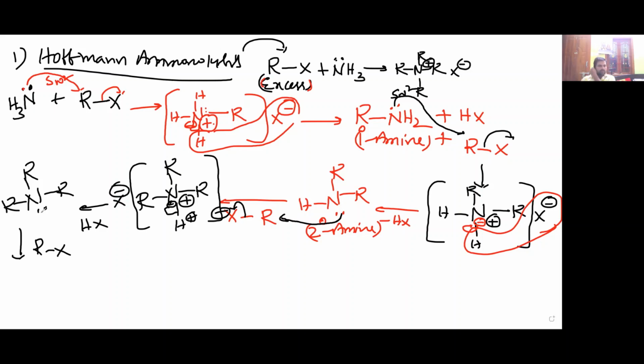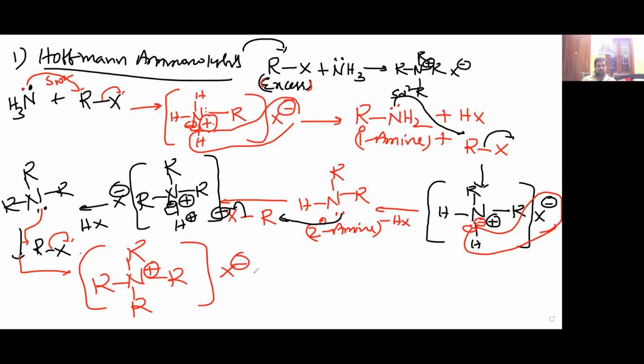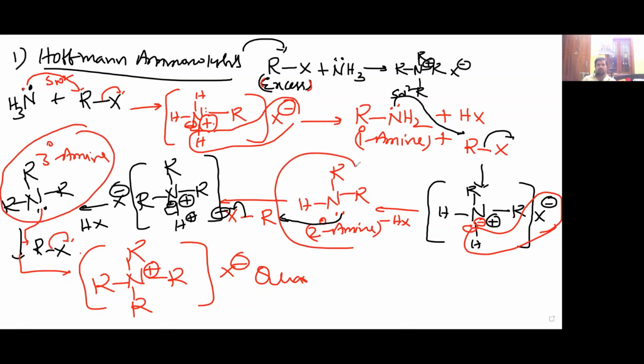After reaction with RX, you get a quaternary amine. Just look into this. The lone pair acts as a bulky nucleophile, attacking from the backside, X minus leaves, and you get N with R, R, R, R, nitrogen positive charge, and X minus. This is called quaternary. This is the tertiary amine, please remember. So here you prepared tertiary, secondary and primary amines, and this is the quaternary amine.